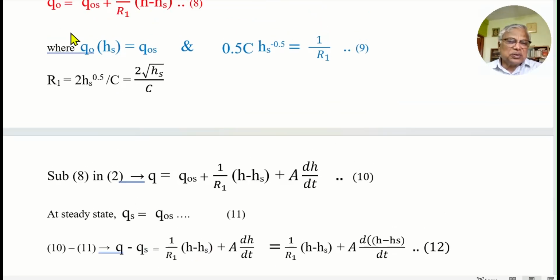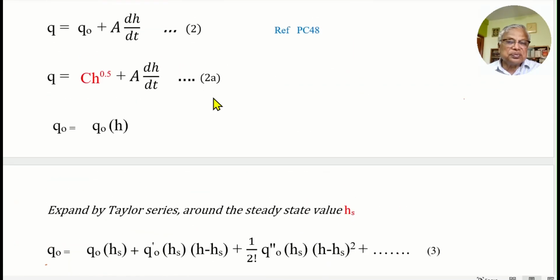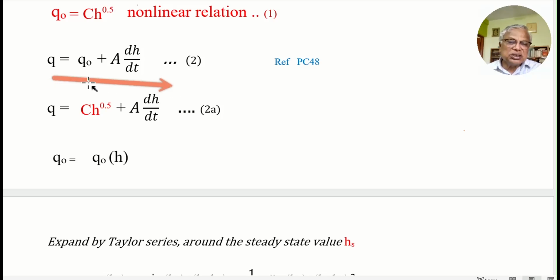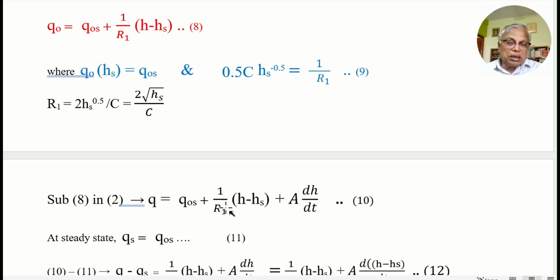So Q equals Q naught s plus 1 by R1 into h minus h's, after substituting equation 8 into 2. Instead of Q naught, I substituted the simple equation 8, plus A dh by dt.